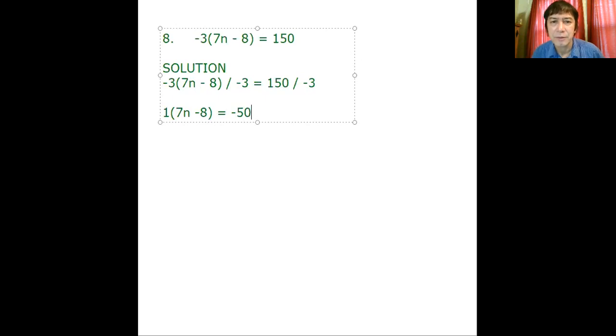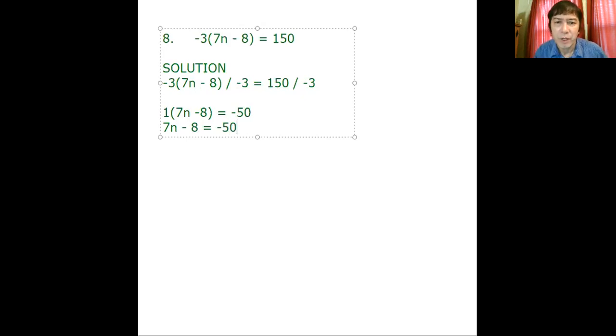Okay, so after doing that, the left side will just be 1 times the terms inside the parentheses. So any number multiplied by 1 gives the number or the quantity. So the left side will just be 7n minus 8, and then the right side will remain negative 50.